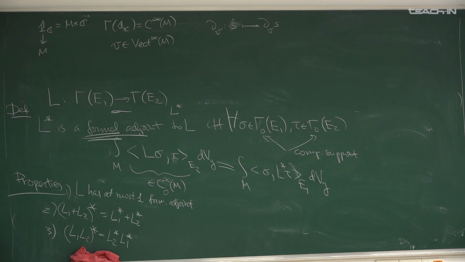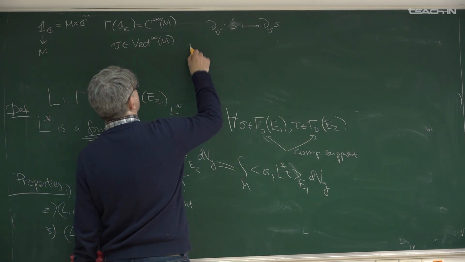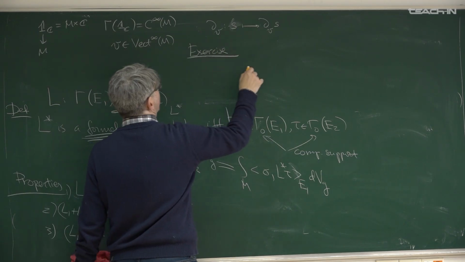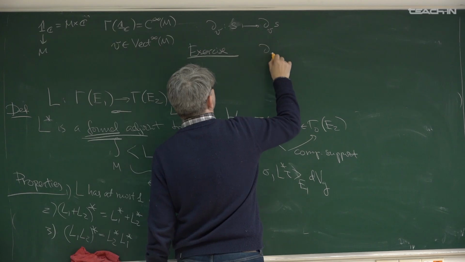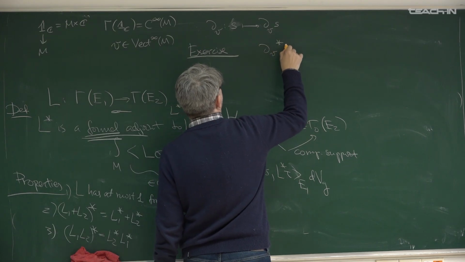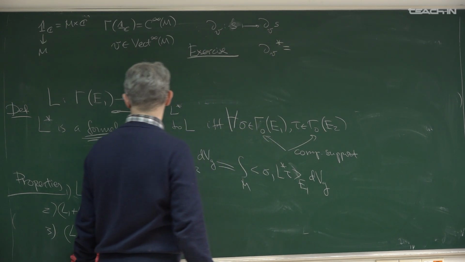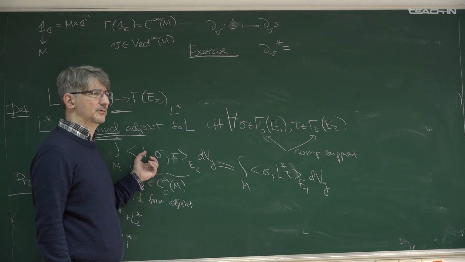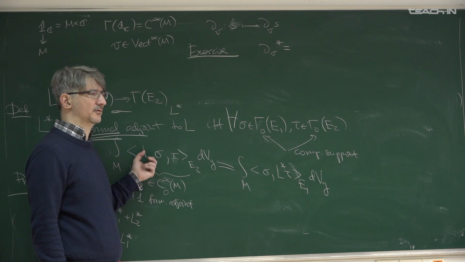The question is, what is a formal adjoint to this? It will be an exercise for you for Friday: dv star. Well, you can imagine that you need to take differentiation by parts.